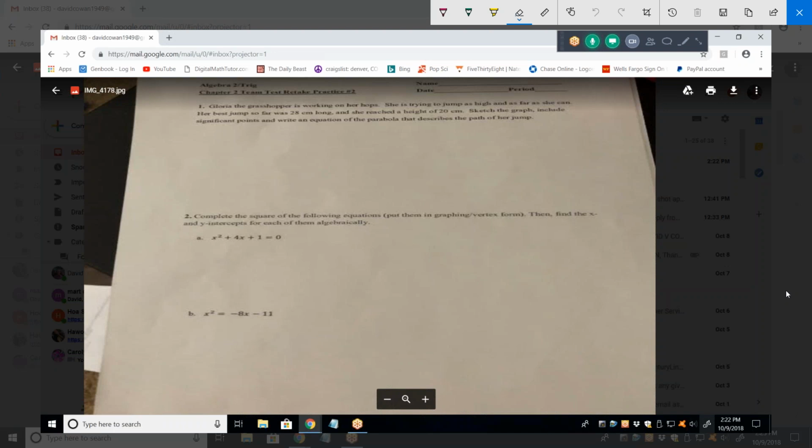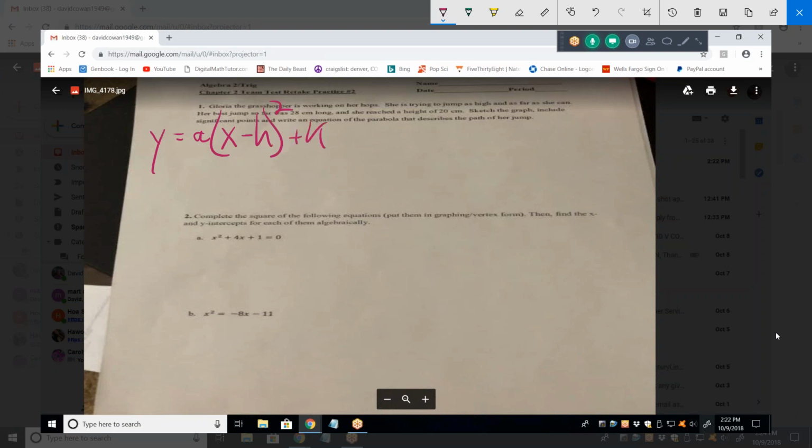So the formula for a quadratic is what we need to start with. y equals a times (x minus h) squared plus k.